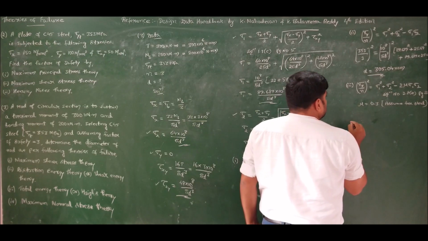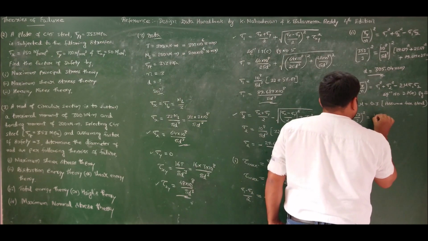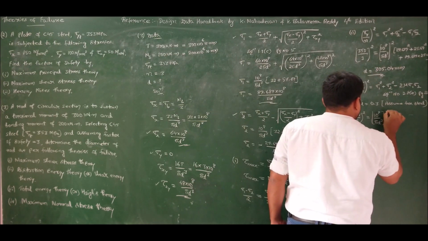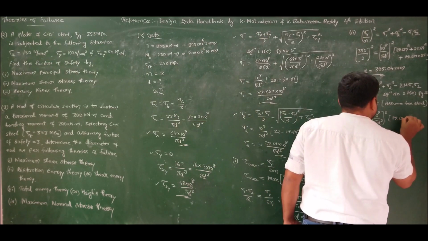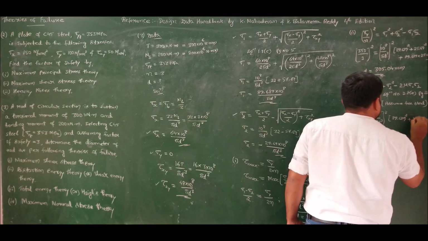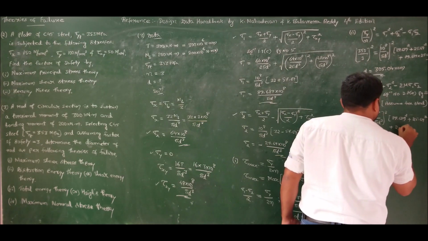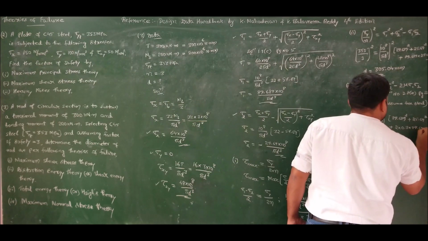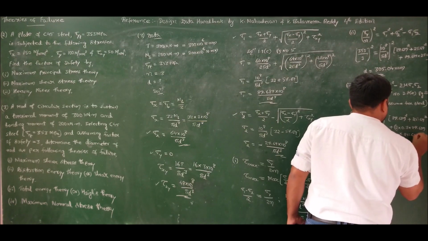So if I substitute and solve for this, I will get 353 by 3 whole square is equal to 10 to the power of 8 by pi d cube whole square times 89.689 square plus 25.69 square plus 2 into 0.3 into 89.689 into 25.69.